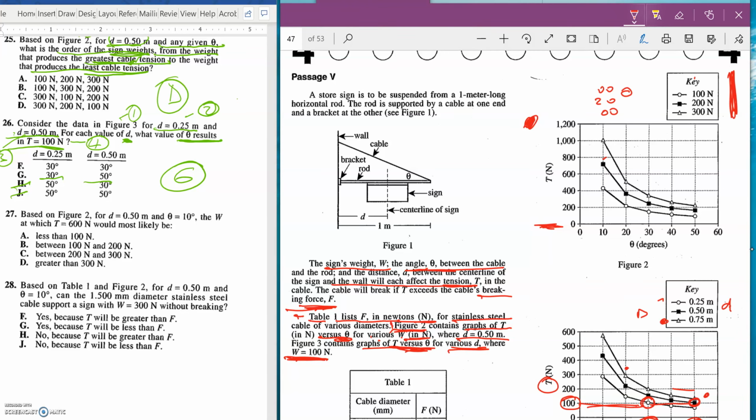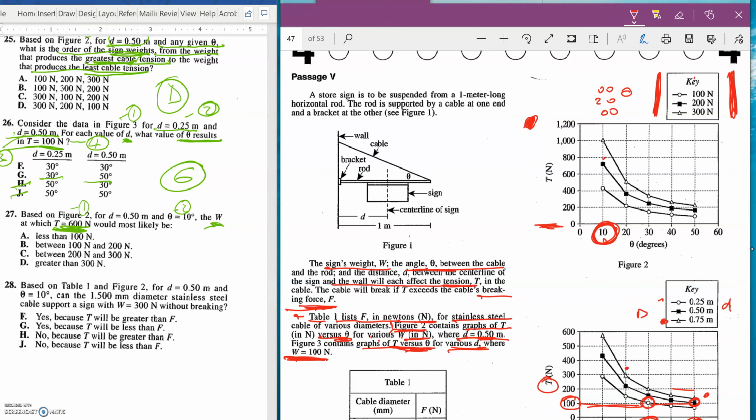All right, so again, figure 2, D equals 0.5, so that's fine. So D equals 0.5 and theta is 10 degrees. So let's find theta, and that's there. So first step was find that, second step, find theta, and then find the weight, and the weight we know is in this key. So find where the white circle, the black square, or the white triangle is at 600N would most likely be.